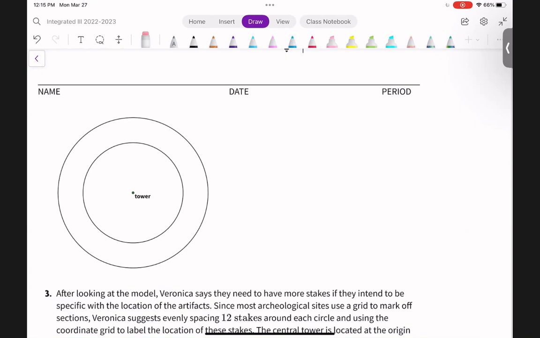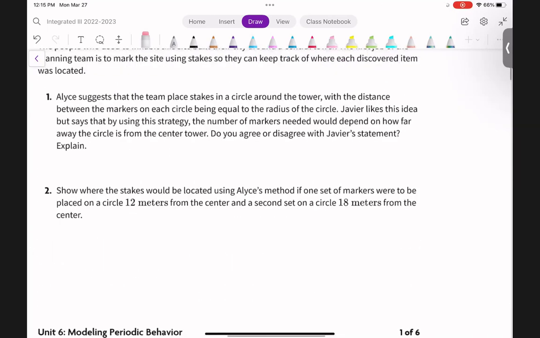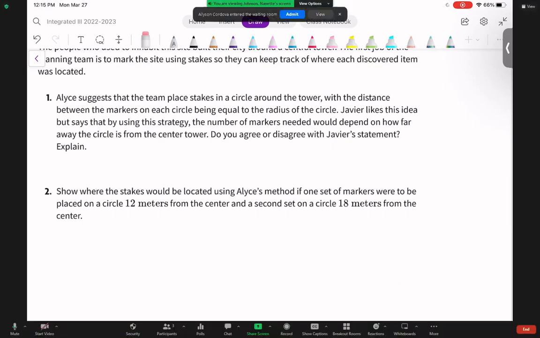Okay, and so if you think about this, Alice suggests that they put markers a radius away from each other around the circle, right? So a radius away around the circle.